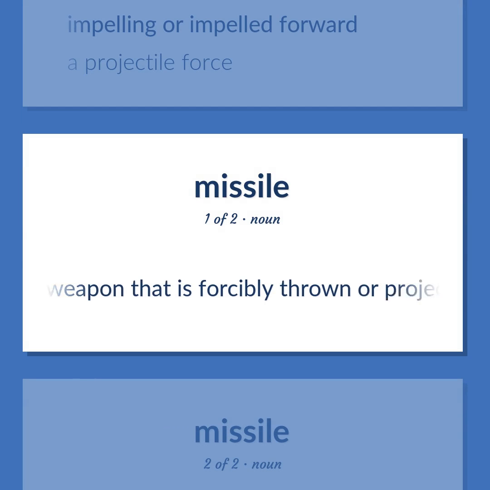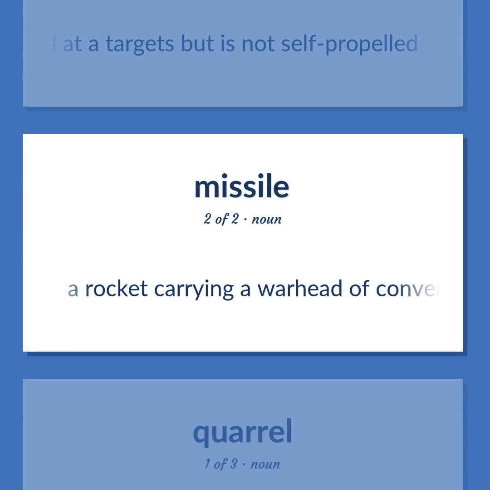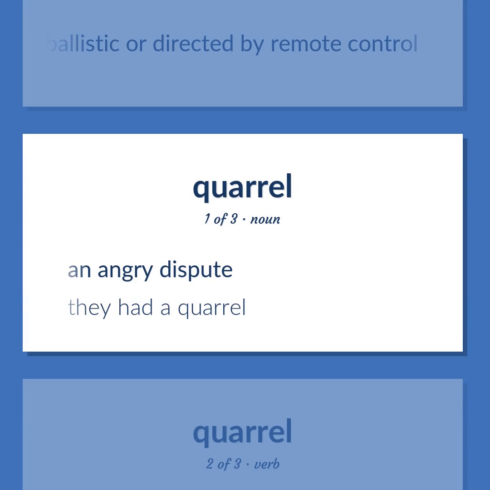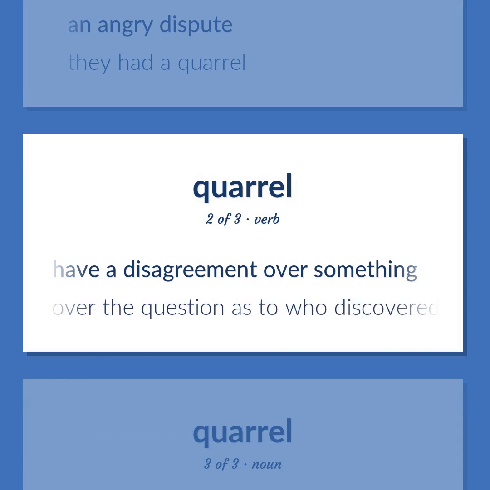A rocket carrying a warhead of conventional or nuclear explosives, may be ballistic or directed by remote control. An angry dispute. They had a quarrel. Have a disagreement over something. We quarreled over the question as to who discovered America.